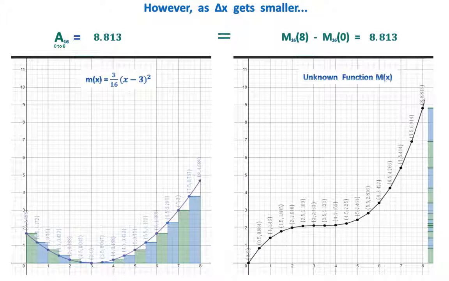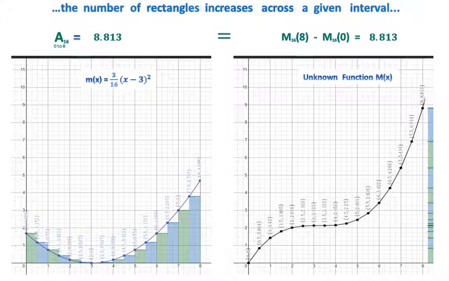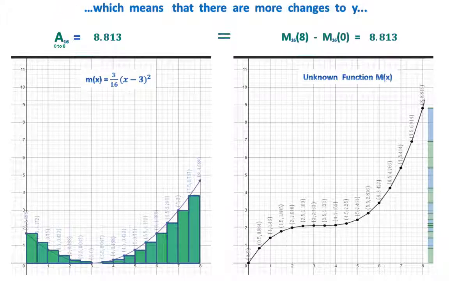However, as delta x gets smaller, the number of rectangles increases across a given interval, which means that there are more changes to y crushed into the space between capital M of 8 and capital M of 0.